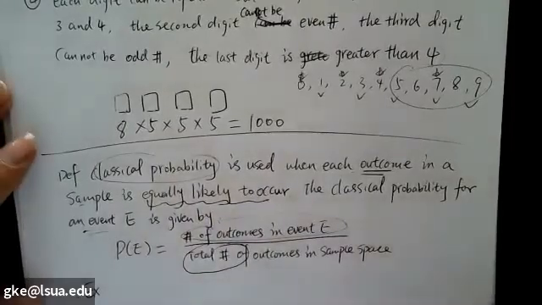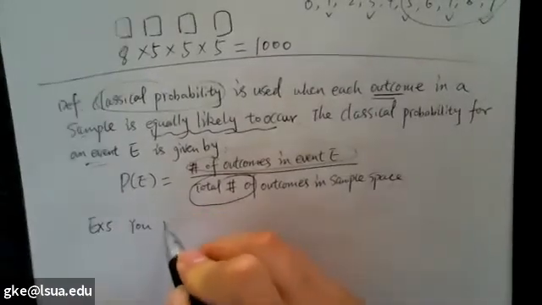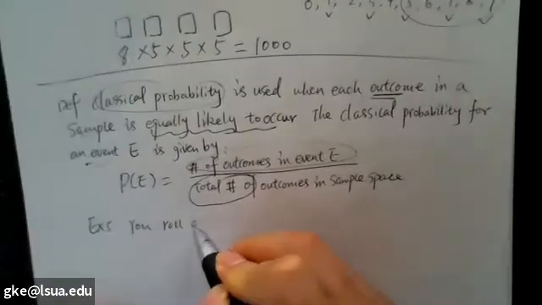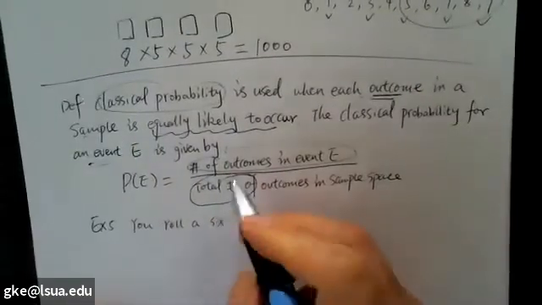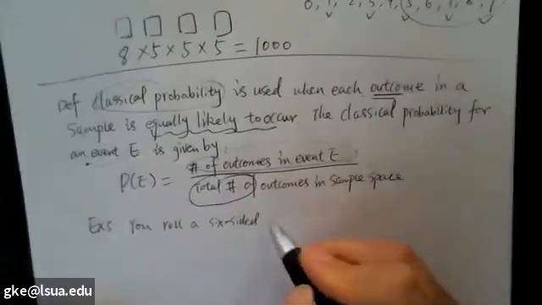So you need to be paying attention. You roll a 6-sided die.